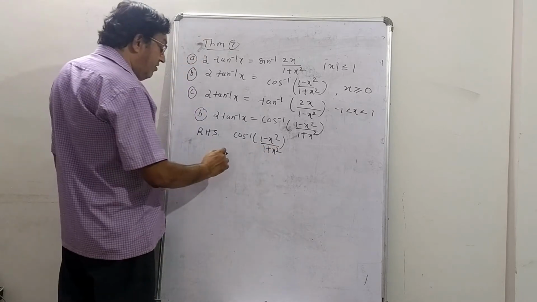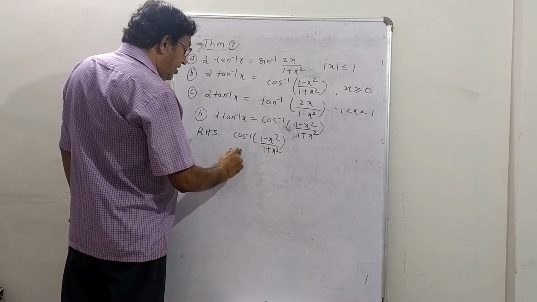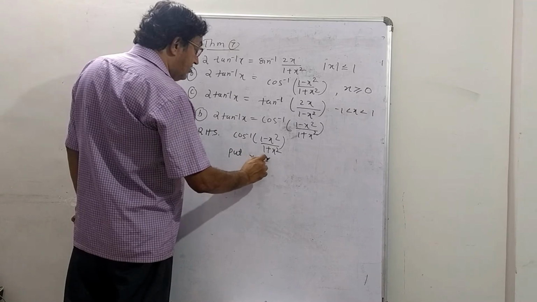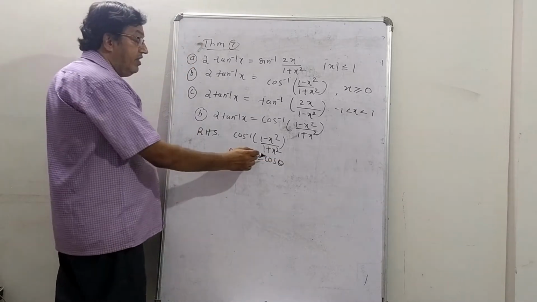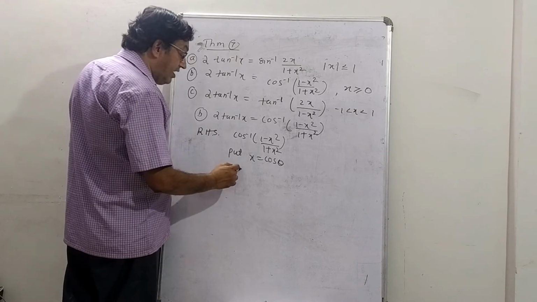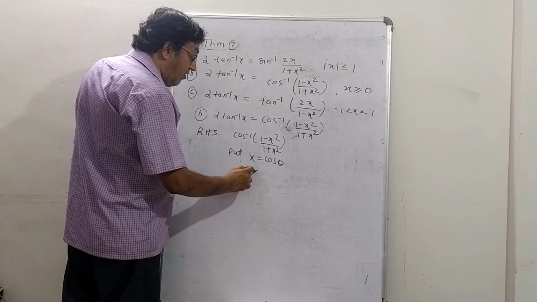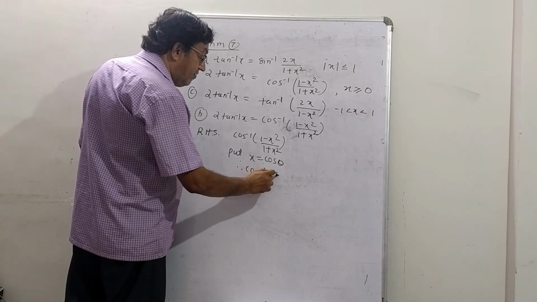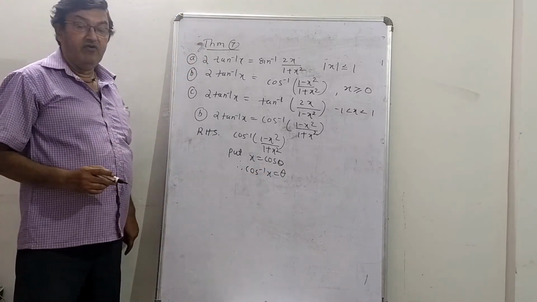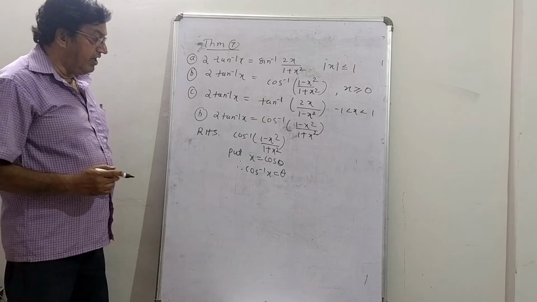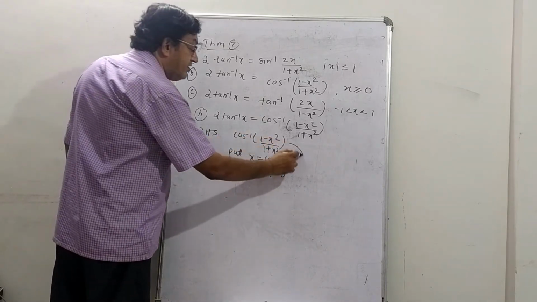Again we can put x is equal to cos theta. So using the definition of inverse trigonometric function, cos inverse of x is equal to theta. So what happens to this?